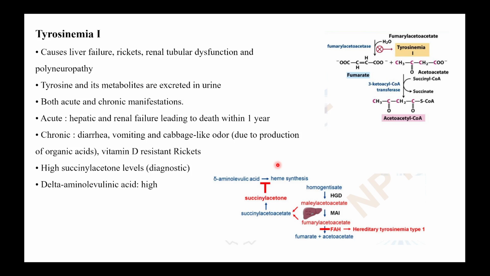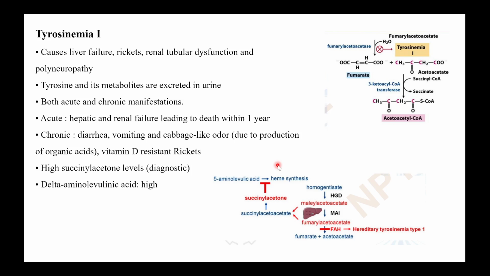We studied tyrosinemia type 2. This is the next defect, tyrosinemia type 1. It causes liver failure, rickets, renal tubular dysfunction, and polyneuropathy. In tyrosinemia type 1, tyrosine and its metabolites are excreted in the urine.